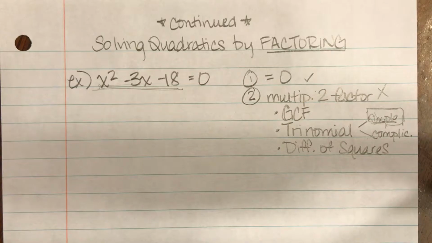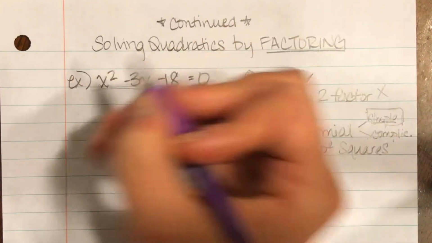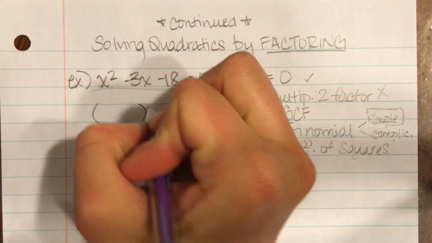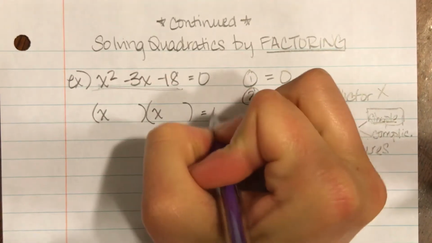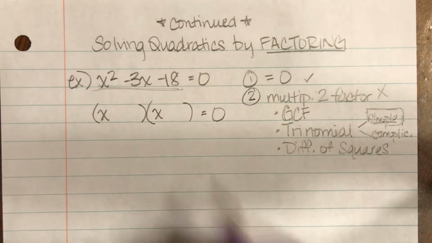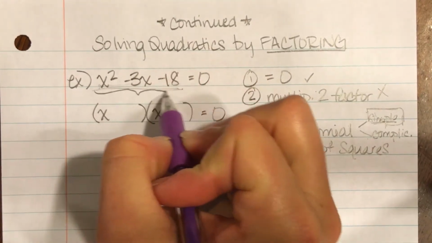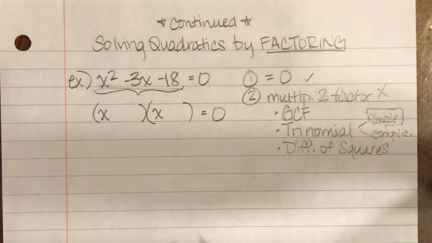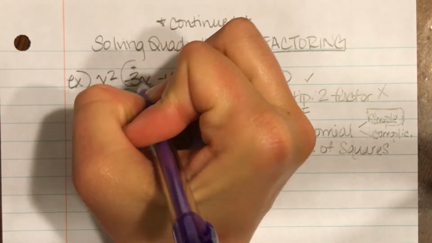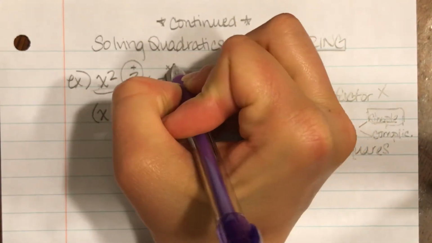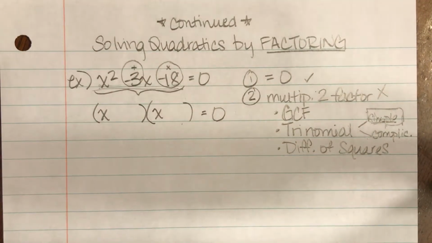Well, the trick with simple trinomials is I can skip straight to the factors of x and x. Okay, I'm not going to change the equals 0 part. All I'm doing is rewriting this as its 2 factors like we've been doing. So remember my rule, they need to add to make the middle number, multiply to make the back number.